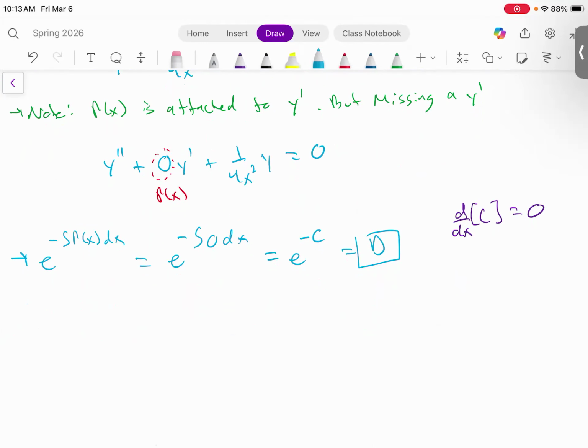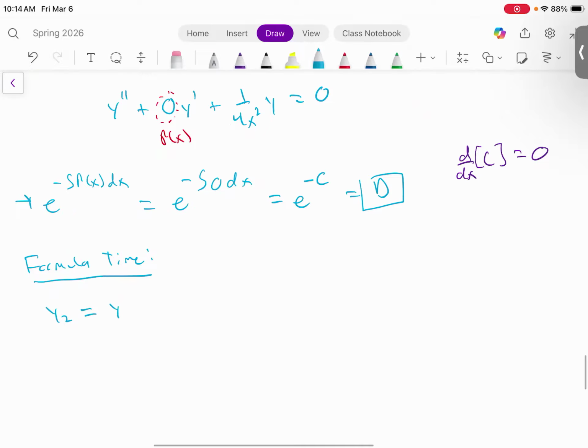So I have my integrating factor. I want to find y2. Let's go ahead and figure that out. Let's call it reduction of order time, or formula time. Okay, so let's rewrite the formula. y2 equals y1 times the integral of e to the negative integral of p of x, all over y1 squared, dx.